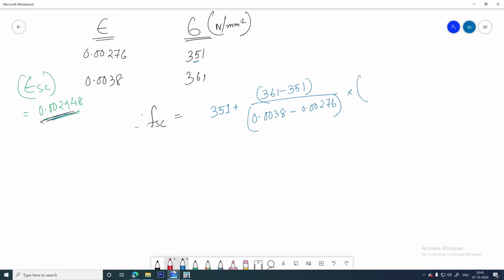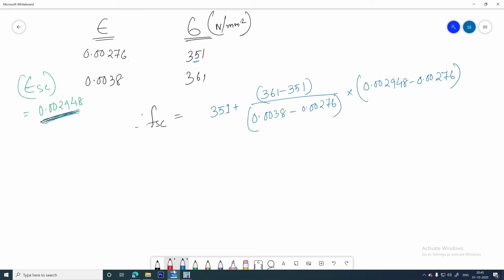Extra strain means the difference of the value, that is 0.002948 minus the initial strain, that is 0.00276.